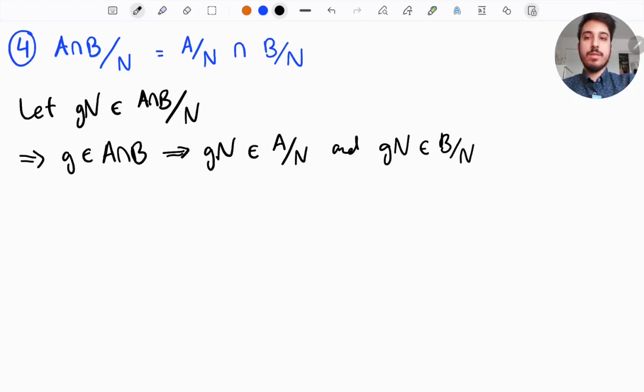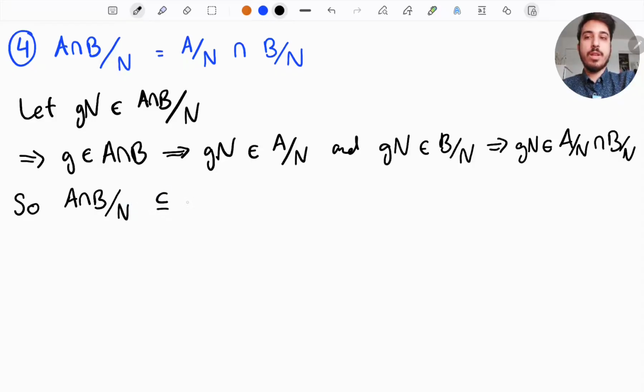And therefore, gN is an element in the intersection of AN and BN, therefore completing the forward inclusion. (A intersecting B) quotienting with N is included in the intersection of AN and BN.